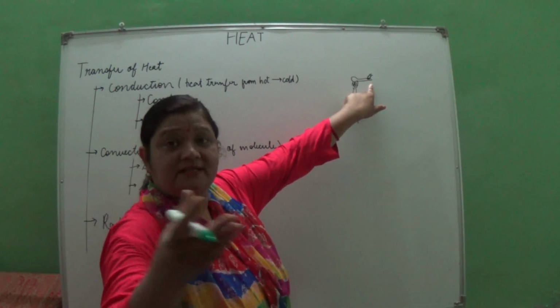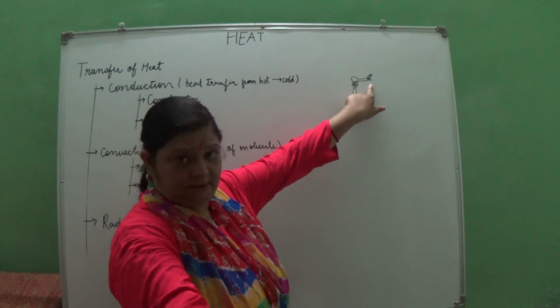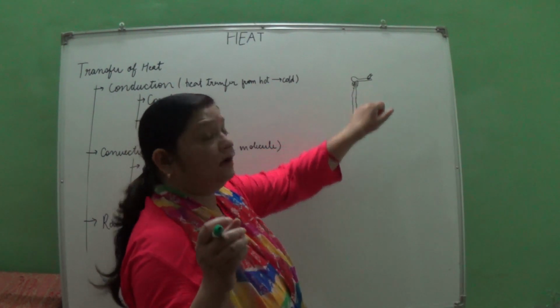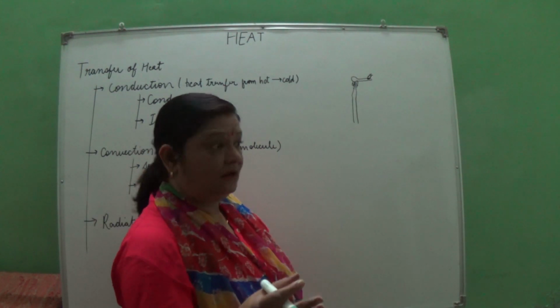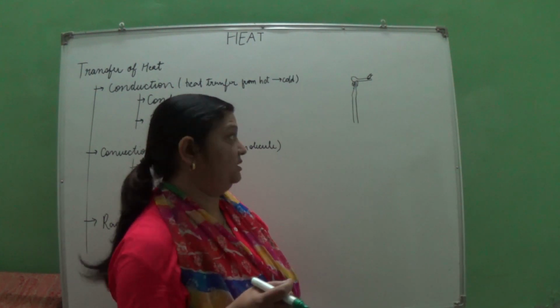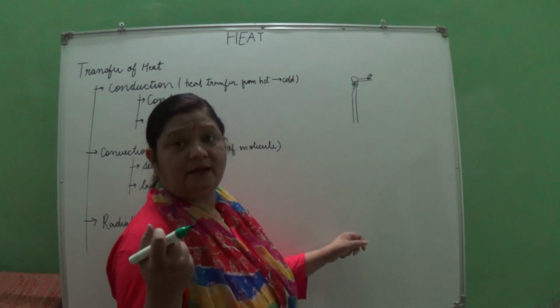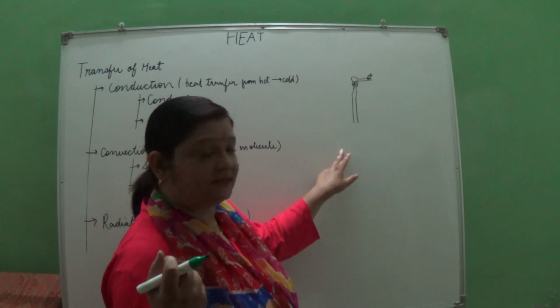This happened in the example I gave at the beginning of the class: when you touch the utensil in which food is being cooked, you remove your hand. You can't tolerate the hotness, isn't it?